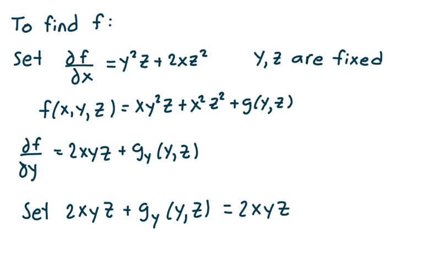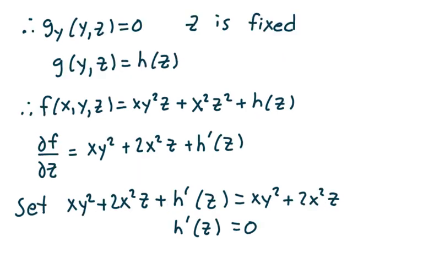So from here, we're going to set 2xyz plus g sub y of yz equal to the second component of that vector field, which is 2xyz. So the 2xyz's cancel, and then we have g sub y of yz equals 0, and keep in mind that z is fixed.